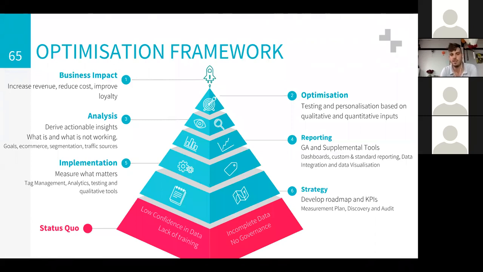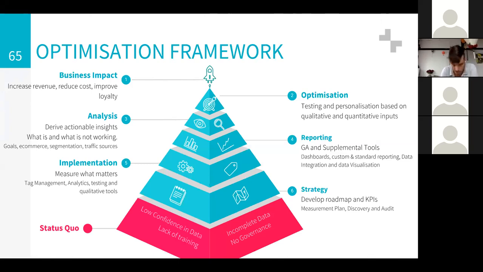Your main objective is not to talk about data that you have in Analytics, even if you really like Google Analytics like me. The objective here is to make your business work better. So increase revenue, reduce cost, improve the loyalty of your users. And the only way of participating in that is making sense out of the data that you are measuring.